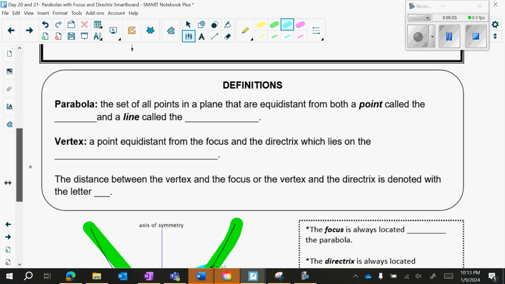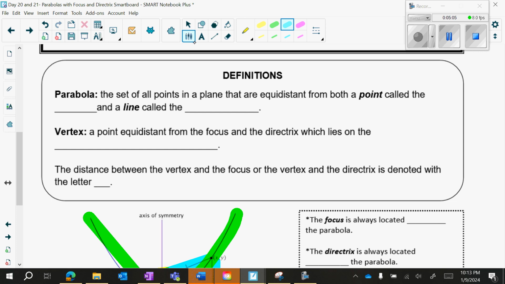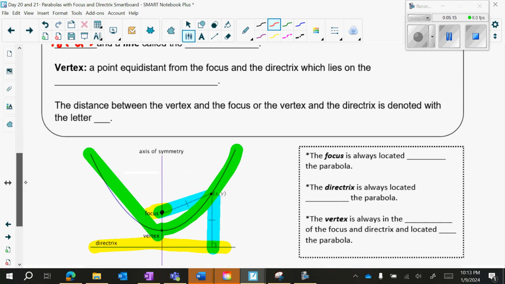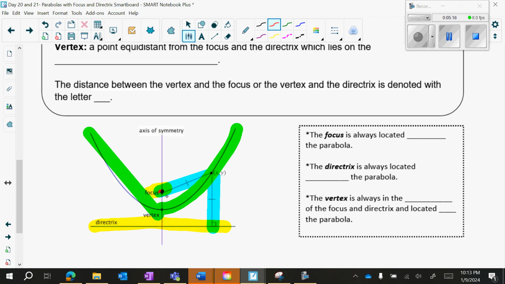So let me fill out this line real quick with the vocabulary, and then I'll explain. The point called the focus is always inside the parabola. I want you to picture me shining a flashlight onto the focus. The focus is what our parabola opens toward.